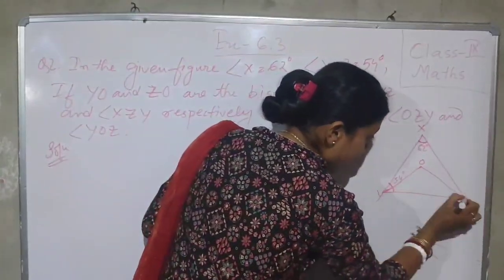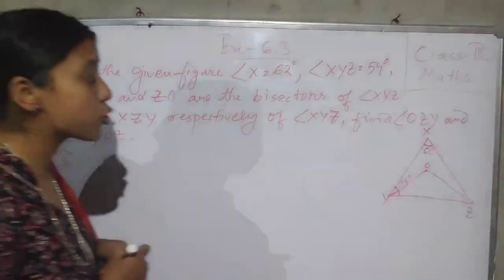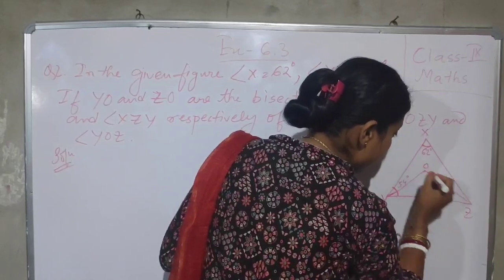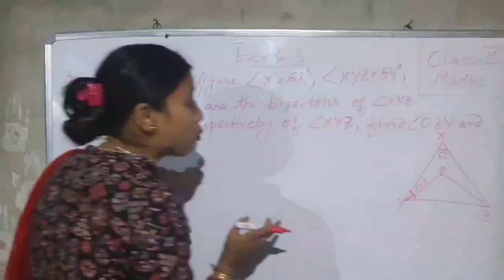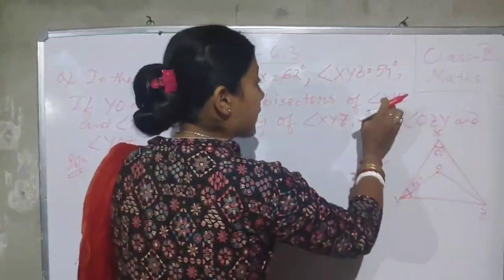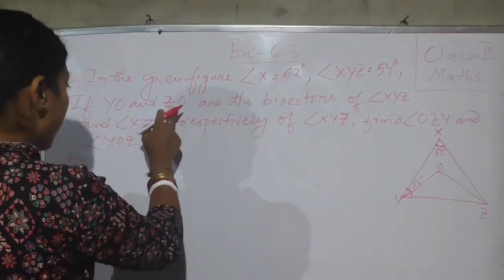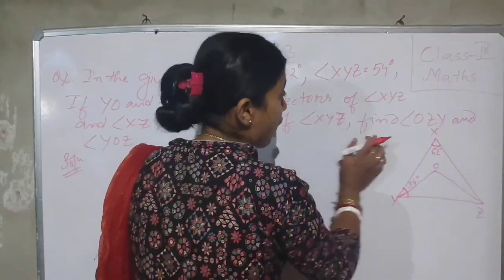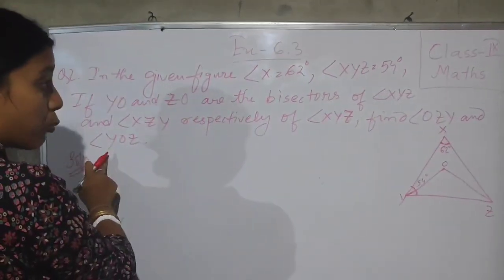If YO and ZO are the bisectors of angle XYZ and angle XZY, understood? That is, OY is bisecting angle XYZ and ZO is bisecting angle XZY. Find angle OZY and angle YOZ.